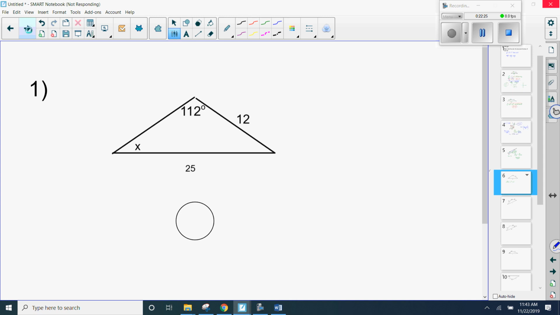Okay, looking at this example right here. I want to know, do you use the law of sines or cosines? Now, I'm going to do this a little bit differently because my directions are going to change. If you look at this first page, 1 through 6, it says determine whether the law of sines or the law of cosines is the best choice to solve for x for the given figure.